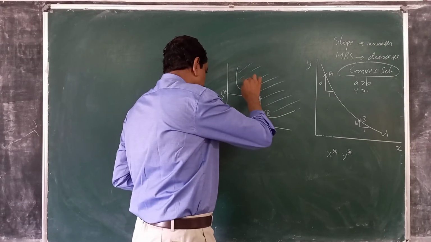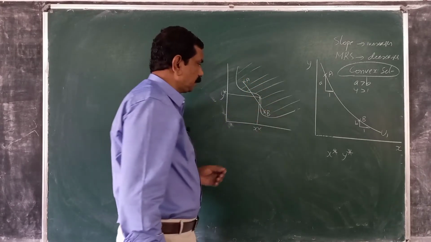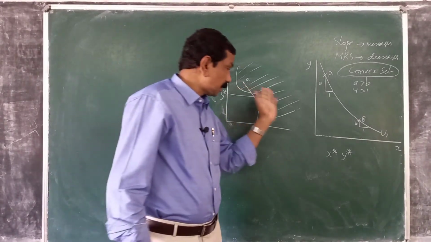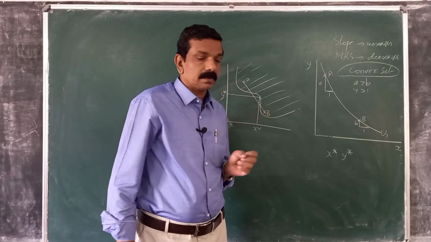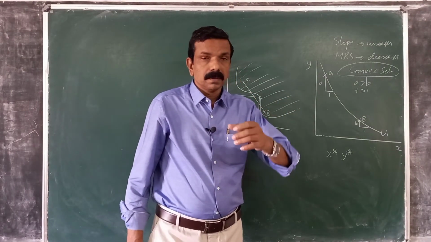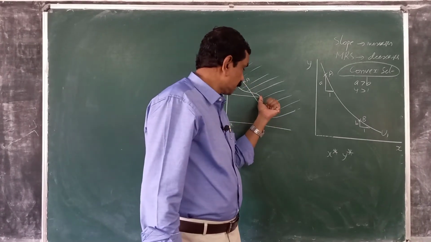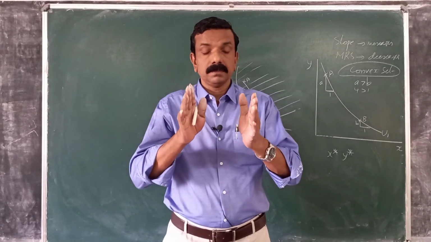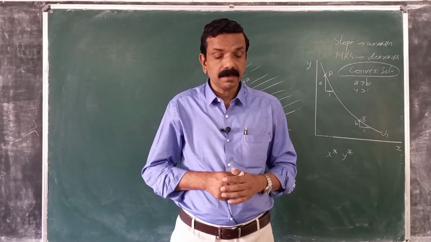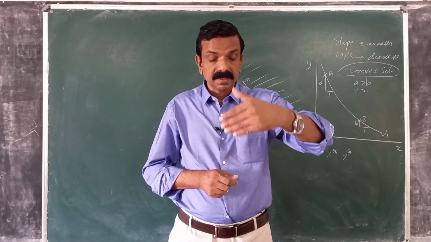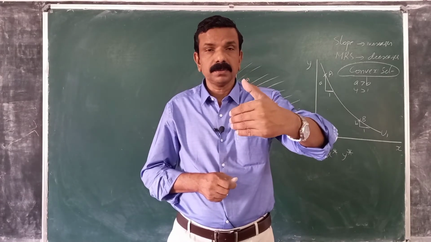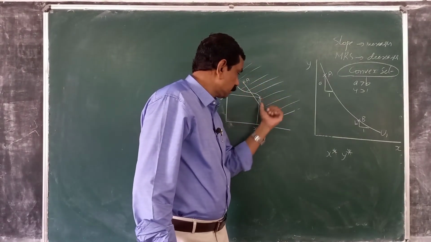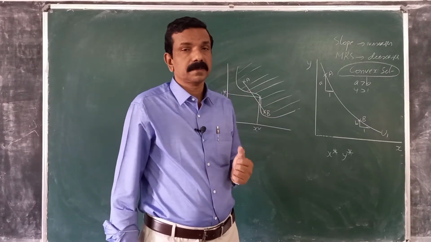If we join together A and B with a straight line, then it passes through the unshaded area also. So, the indifference curve through x star y star does not obey the assumption of diminishing MRS, because the set of points preferred to or indifferent to x star y star is not a convex set.